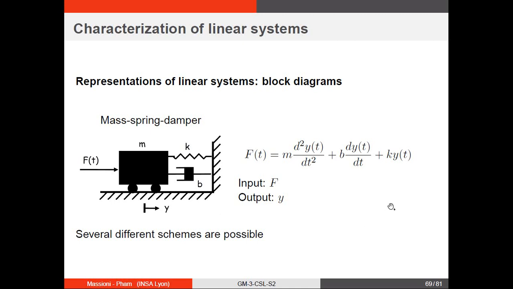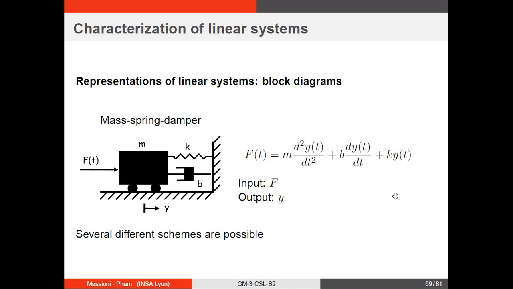So for example, in this example over here, just a mass spring damper, you might want to make the velocity of the mass appear, basically the first order derivative of y. But you might not, you might just be happy having f going into a single block and having y going out.